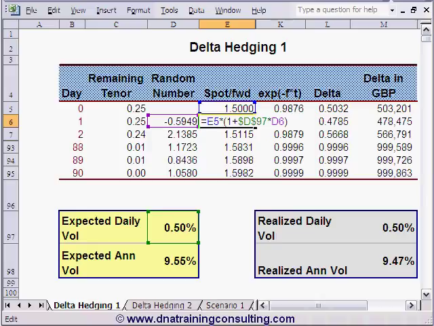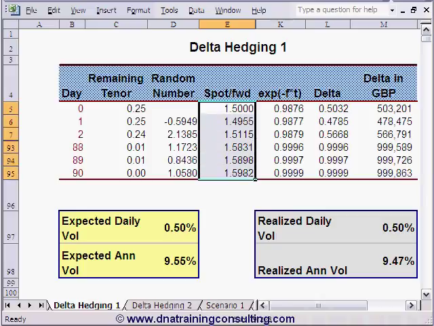Since the worksheet is based on only a total of 91 days, starting at day 0 and finishing day 90, the actual time series of spot values that you get in cell E5 to cell E95, those 91 or so values will not necessarily always come out, in fact, to have a daily standard deviation of exactly 0.5, although the result will invariably be quite close.